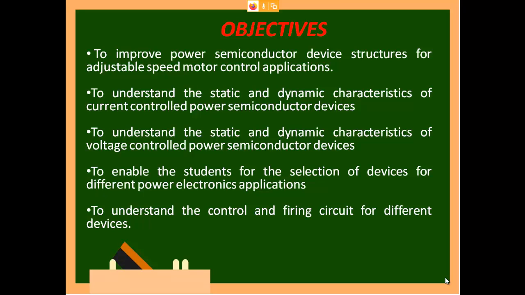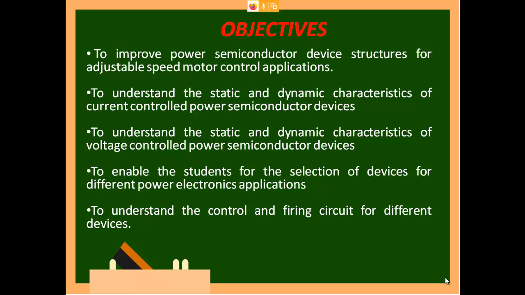Today the research topic is electric vehicles. With an electric vehicle you will have a motor control, so you have to use power electronics based semiconductor devices for controlling the speed of your motor, and for this you should know the structure of the semiconductors. There are different structures, so that is our first objective.